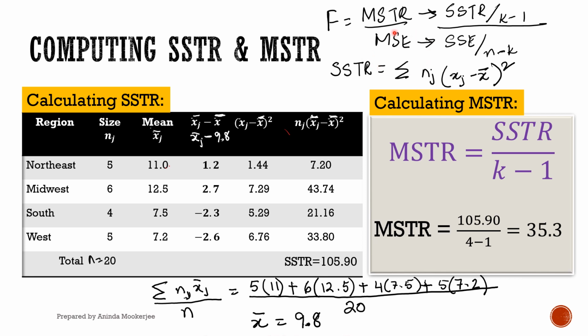Now we have to run through a process where we will be calculating MSE, but first we need to find SSE, and then we'll divide it by N minus K to come up with MSE, and only then can we get our F value.